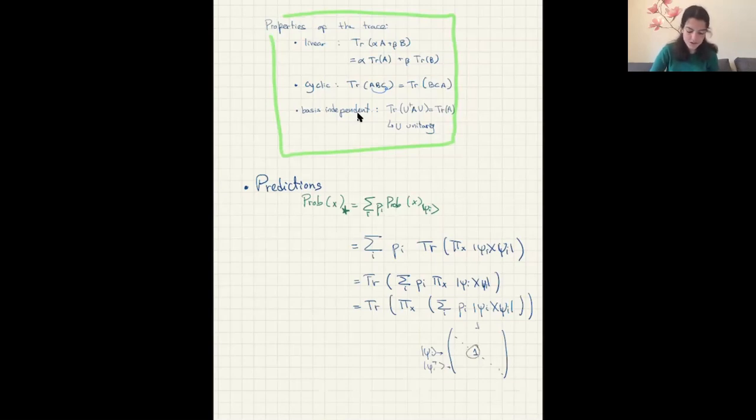And if you sum a bunch of matrices like this, these states do not all have to share the same basis, but what you get is a sum of matrices. So this whole thing is also a matrix, is what matters here. And then we just give it a name. Let's call this rho. So you get the trace of pi x rho, okay? This rho is what we call the density matrix.